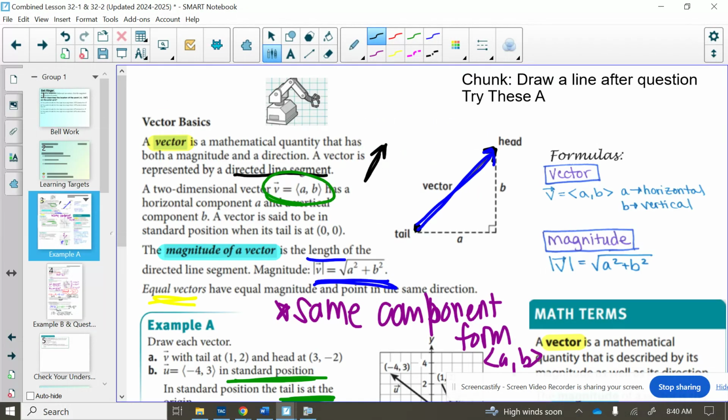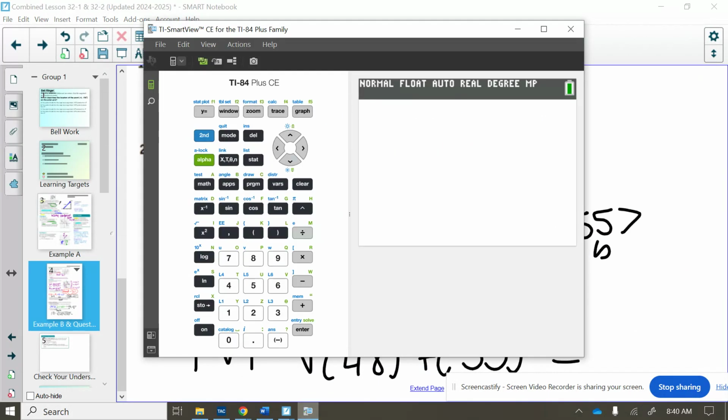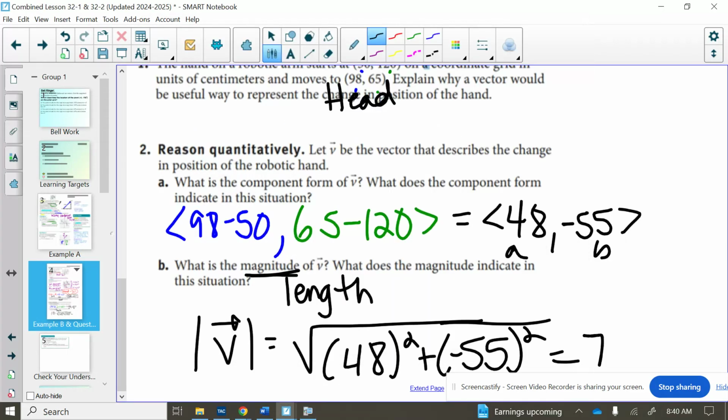Think back to what we talked about here with the Pythagorean theorem to find basically the hypotenuse, if you want to think of it that way. So a reminder, when you type this in your calculators, make sure you are using parentheses, especially around this negative value, negative 55, to make sure that your calculator computes the order of operations correctly. You should have 73 as the length.